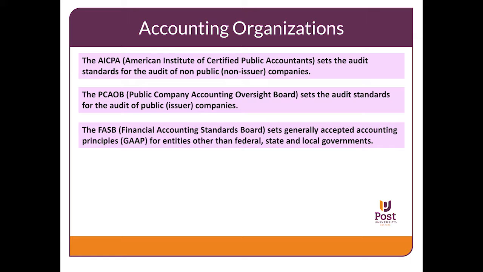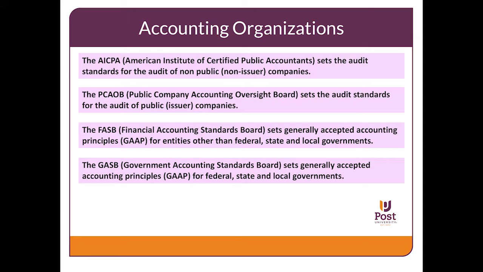The Securities and Exchange Commission has designated the FASB as the organization responsible for setting accounting standards for public companies in the U.S. The Government Accounting Standards Board sets generally accepted accounting principles, GAAP, for federal, state, and local governments.